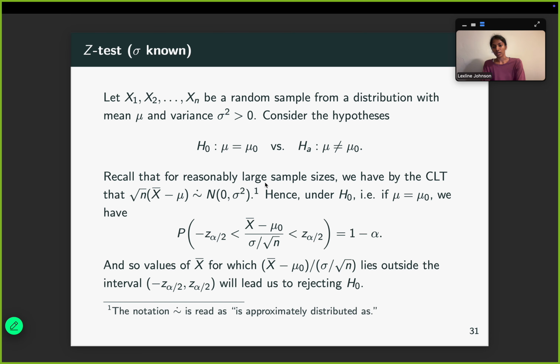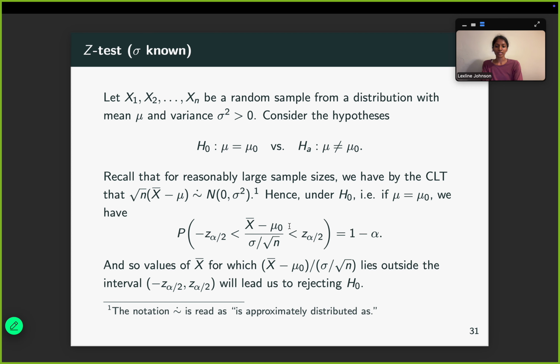We need to solve for our test statistic z, which will be the sample mean minus the value we're saying is the mean, divided by the standard deviation divided by the square root of n, our sample size. We need our test statistic to lie within the interval negative z alpha divided by 2 and z alpha divided by 2.